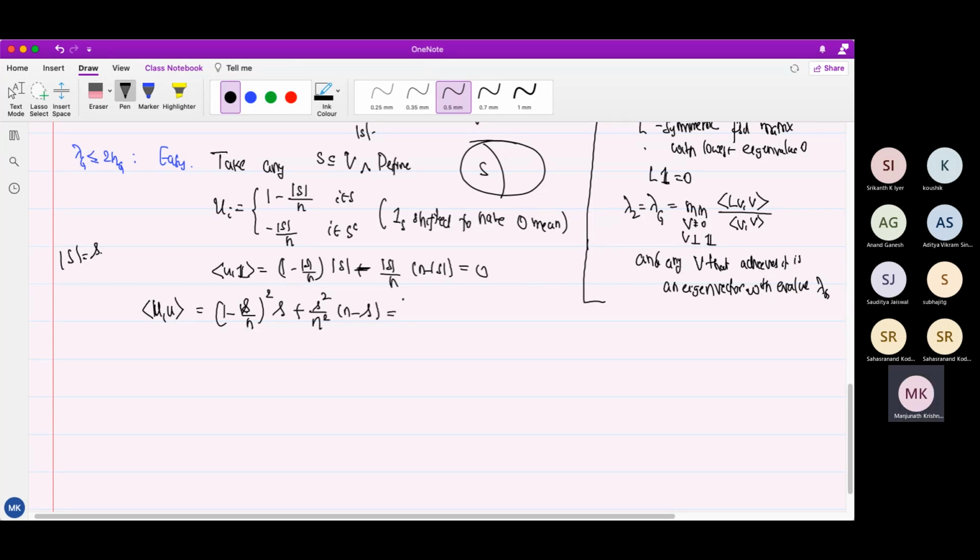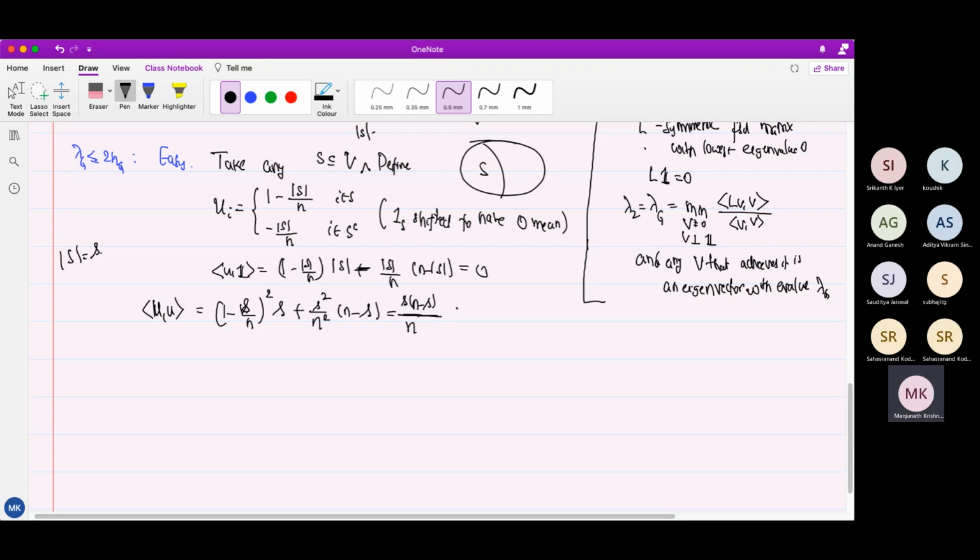So if you just do this, you get n minus s whole squared. You pull out s into n minus s, and what is left is exactly this. So it is s into n minus s divided by n.